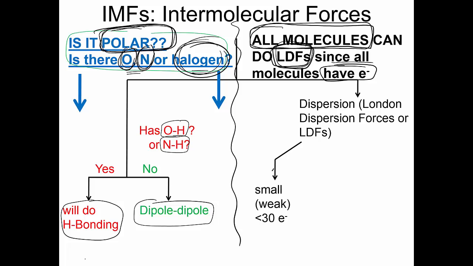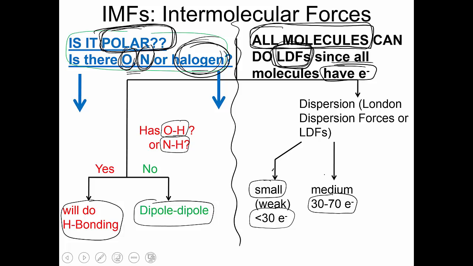You really have to see a lot of examples to get good at telling these ranges. If the molecule has less than 30 total electrons, I've found that it would be considered weak LDFs. Between 30 and 70, the LDFs are getting pretty strong, so I would consider it medium. And if you're more than 70, your London dispersion forces are getting to be pretty strong.